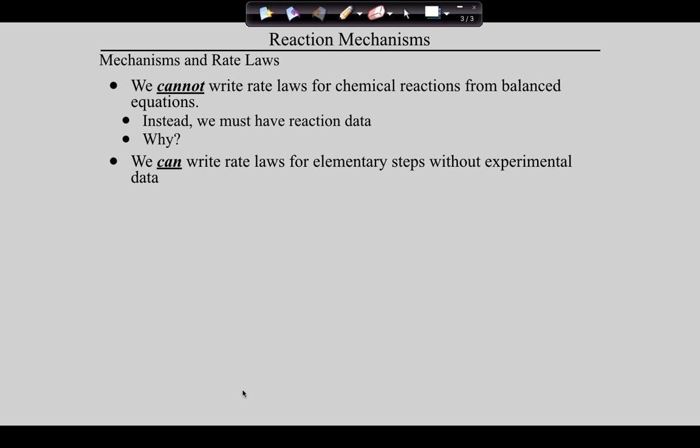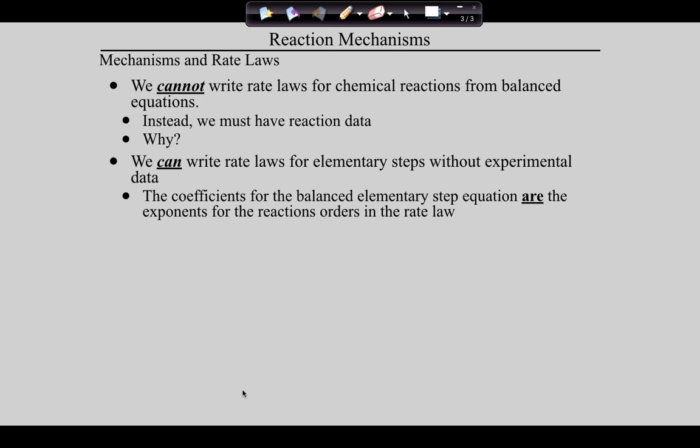Nothing's changed: we can't write rate laws for balanced equations without reaction data. But we can write rate laws for elementary steps by simply taking the coefficients from the elementary steps and making them the reaction orders. Because, of course, the question is why.